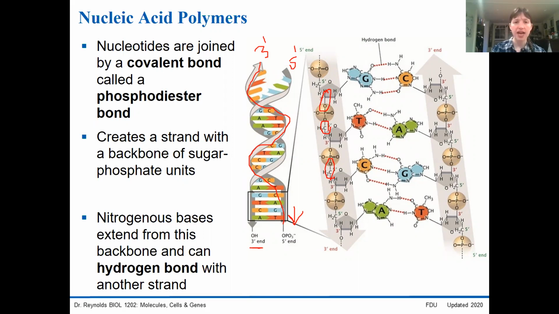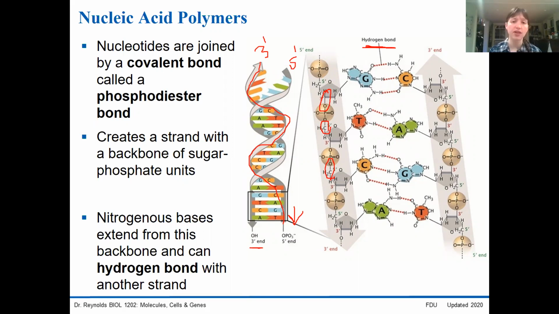By contrast, these nitrogenous bases are interacting with each other through hydrogen bonds that are known as base pairing. These hydrogen bonds are very specific. So you'll notice that G to C has 3 hydrogen bonds and A to T forms 2. So there's some specificity to it.